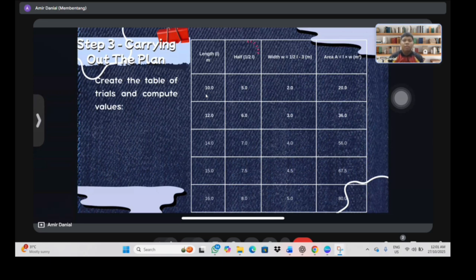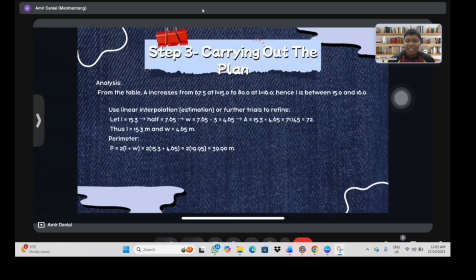The width, using the formula, we get 2, and area is 20. All of this table is the same. Next is step 4. Sorry, we are still in step 3.